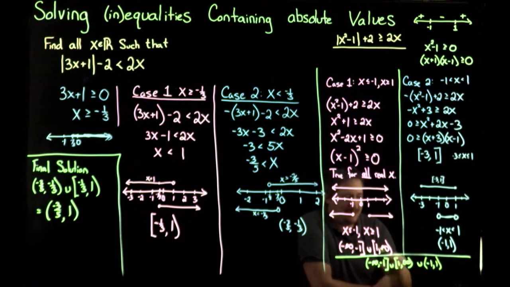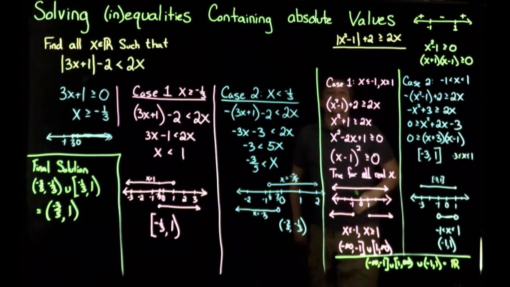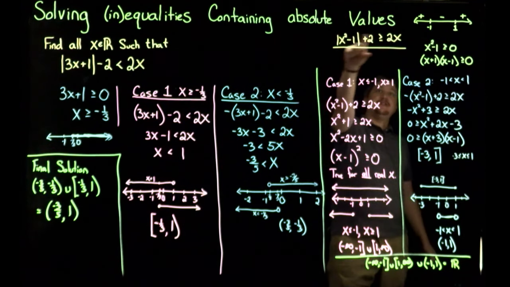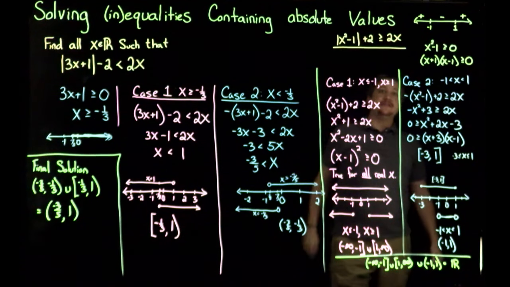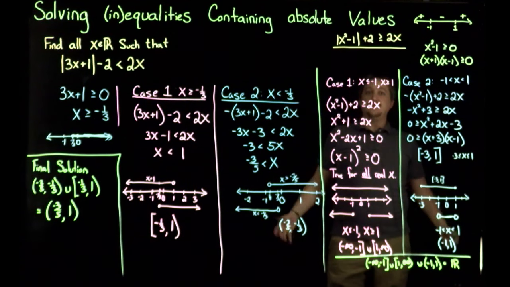But really this is everything but -1 to 1 and -1 to 1, right? So this is really just all real numbers, meaning that the actual solution to this problem is literally any number you want, any real number, you plug it in and it'll work.